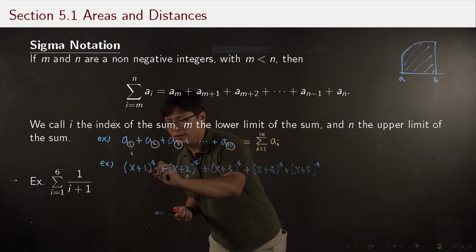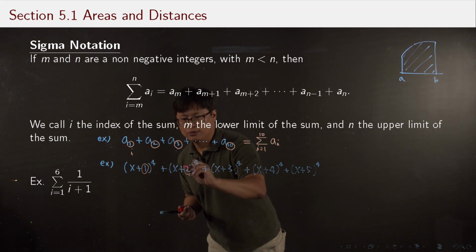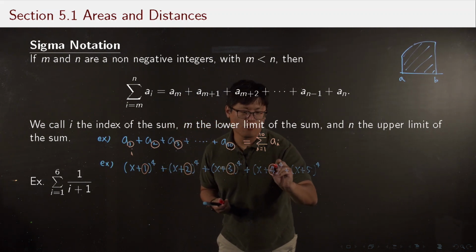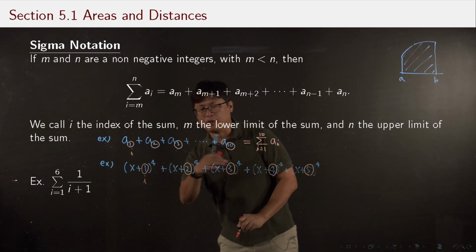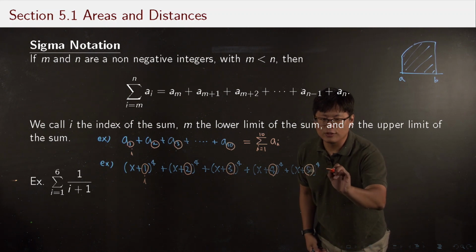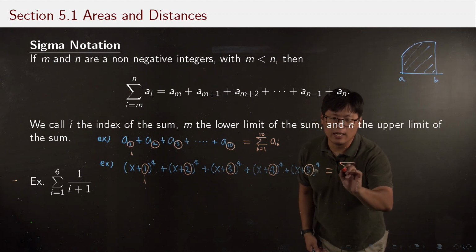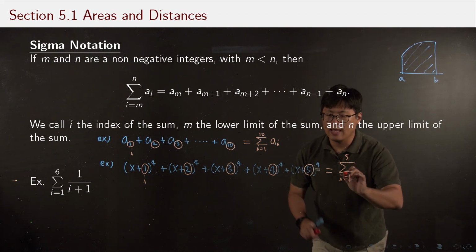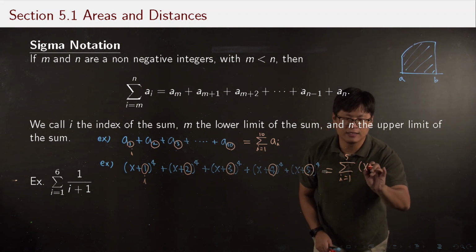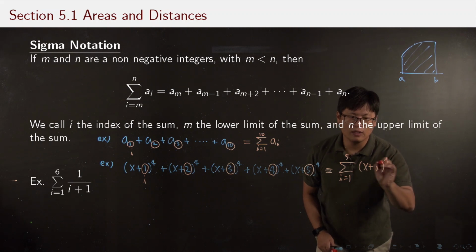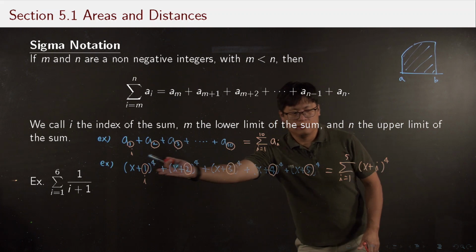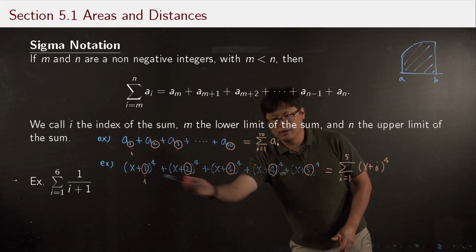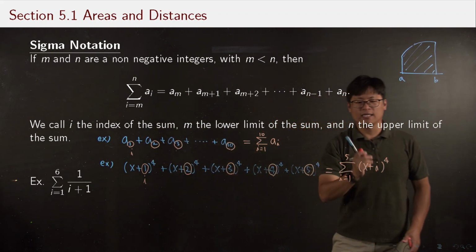Just the changing value: 1, 2, 3, 4, and 5. This is the index, so we denote it by i instead of a number in the sigma notation. It can be written as sigma, with index i changing from 1 to 5, and your function is (x plus i) to the 4. So this is the way to write your summation as sigma notation.